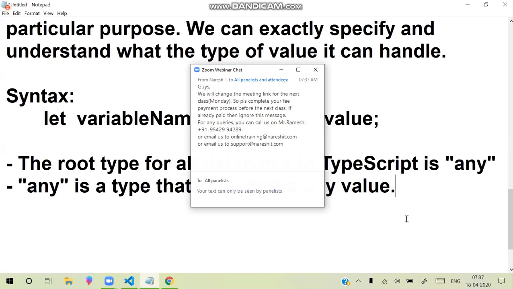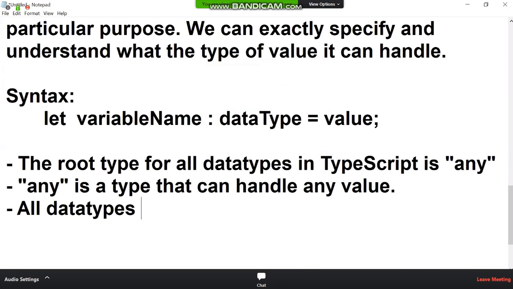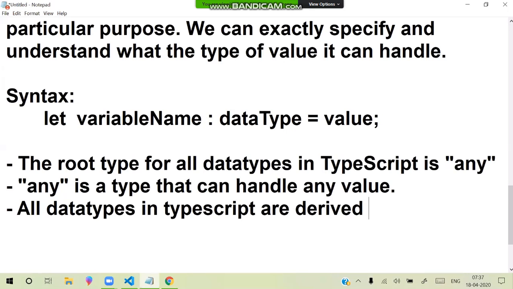And all data types in TypeScript are derived from this any type. You should know that all data types in TypeScript are derived from any type. Any is the base type for all types.